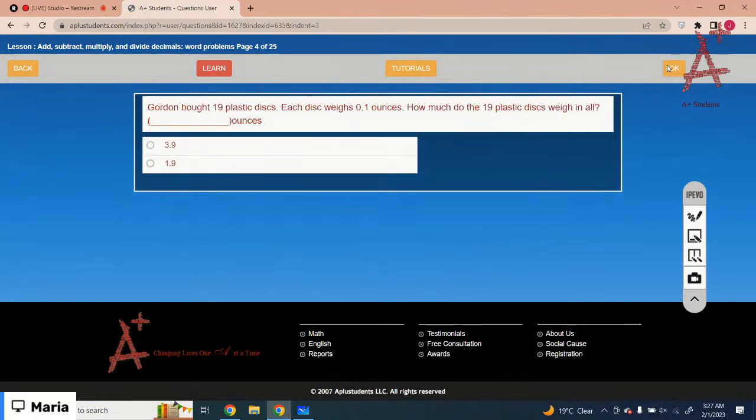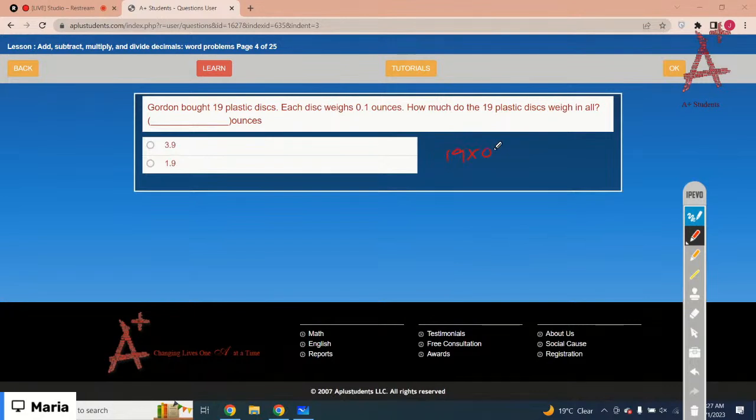Okay, the next one is: Jordan bought 19 plastic discs. Each disc weighs 0.1 ounces. How much do the 19 plastic discs weigh in all? So the weight of one disc is 0.1. Got it? That means you have to do 19 times 0.1. So when you do 19 times 0.1, it would be 1.9.